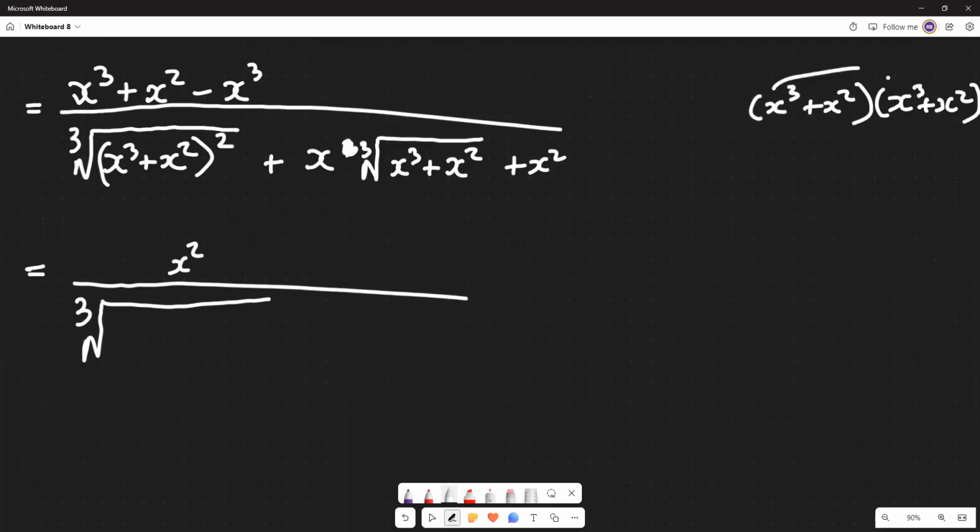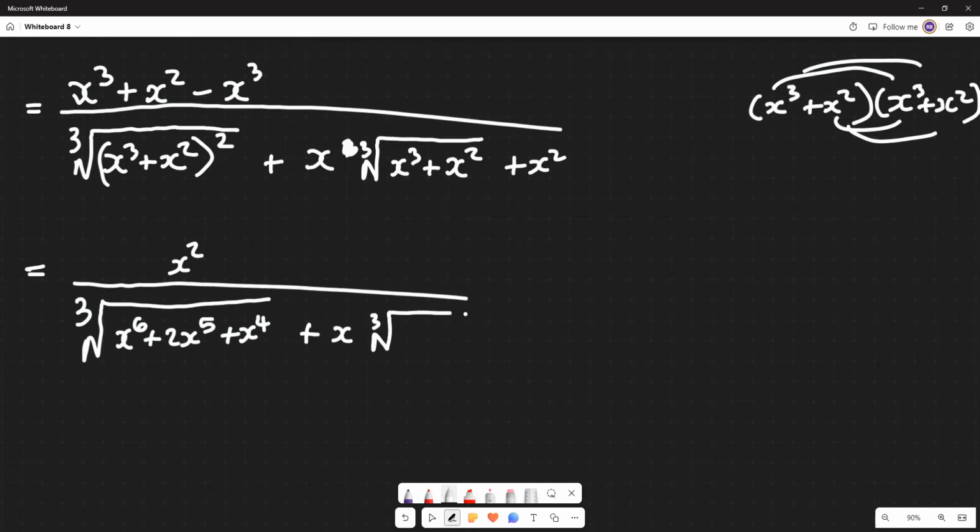If you were to FOIL, you'll end up having x to the power 6 plus 2x to the power 5 plus x to the power 4. And then plus x cube root of x cubed plus x squared, plus x squared there.